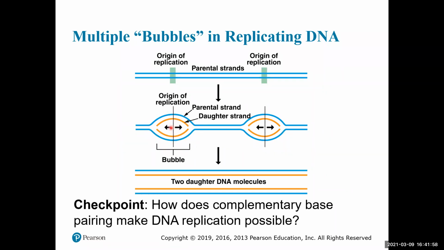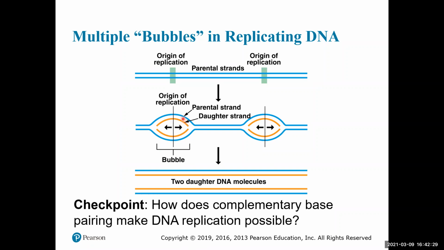Now you have this area that's separated, and your DNA polymerases will come in and start replicating and adding new nitrogenous bases that correspond to the parent bases. So for example, if this first base on the parent strand is an A, then the DNA polymerase will add a T. If it's a G, it will add a C. If it's a C, it will add a G, and so on and so forth.